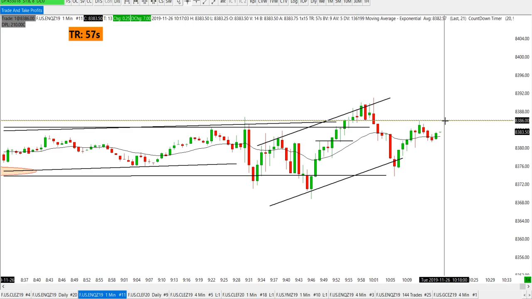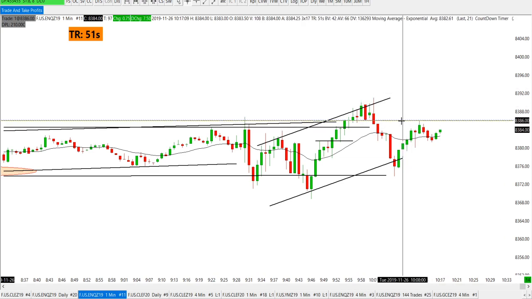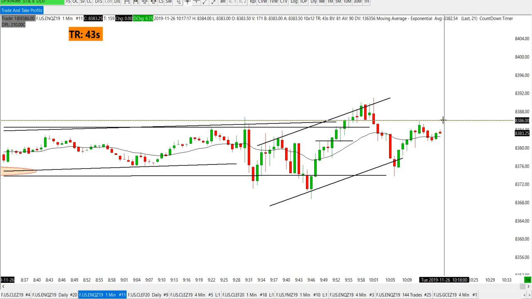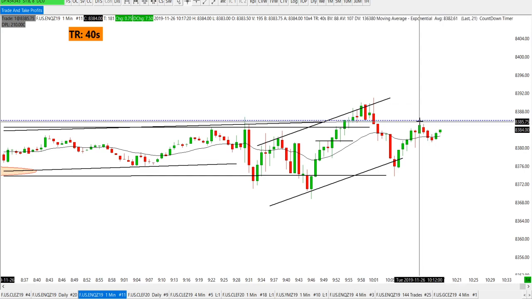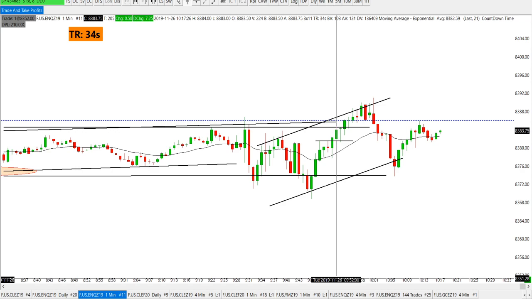For some reason, it seems like these guys just want to go straight up. So I might look to get in if they break this top. Probably do an aggressive buy if they break the top. If they break this top right here, I might do an aggressive buy because these guys are not really pulling back.